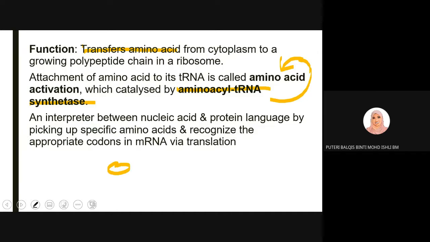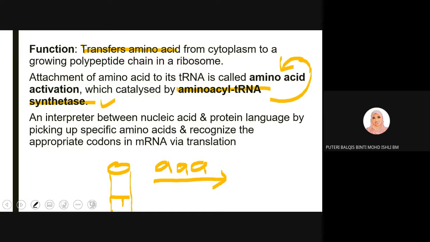This is tRNA. Before tRNA can proceed to the process of translation, this tRNA must undergo amino acid activation, which is catalyzed by aminoacyl tRNA synthetase.